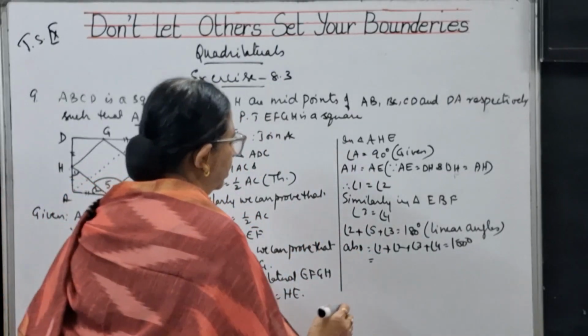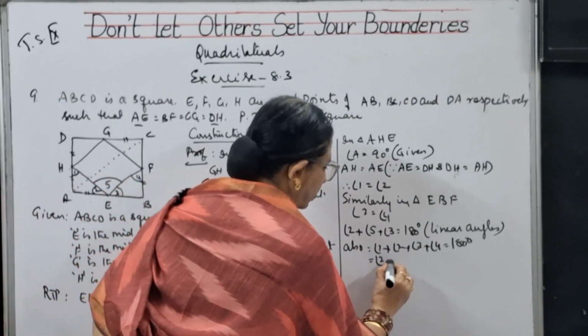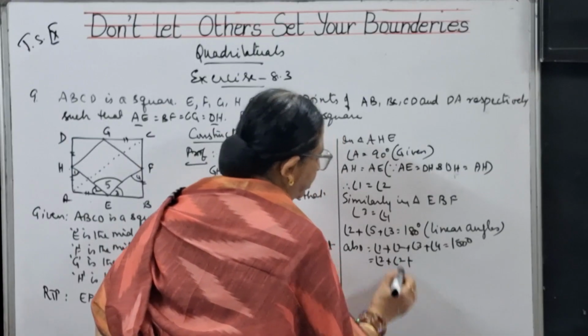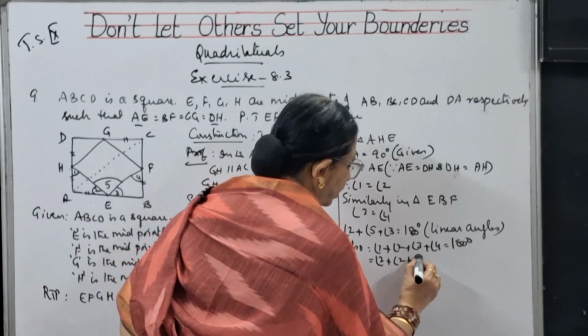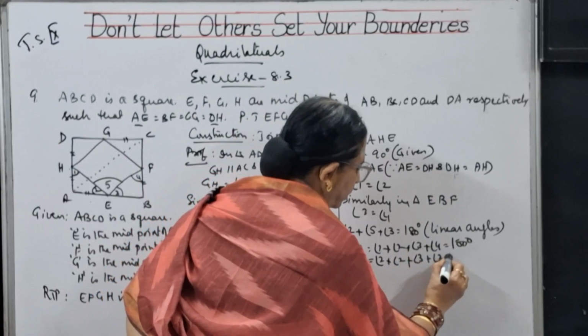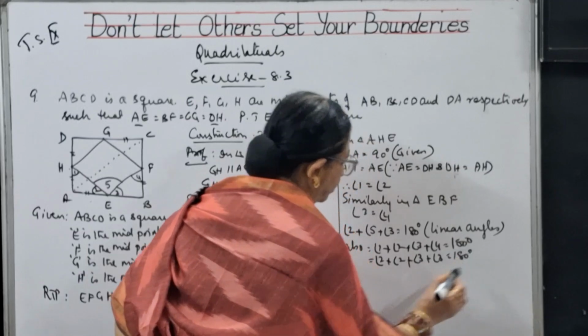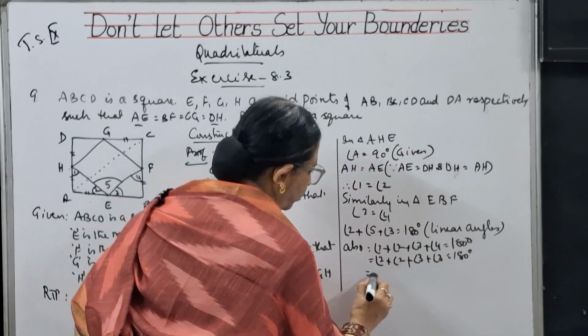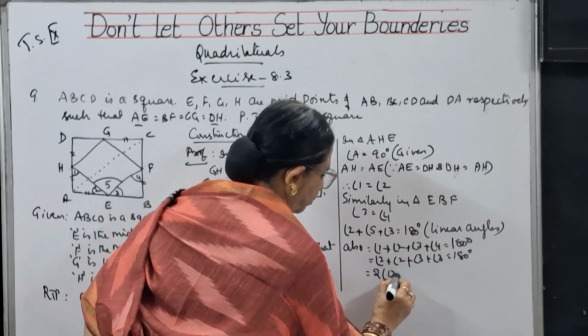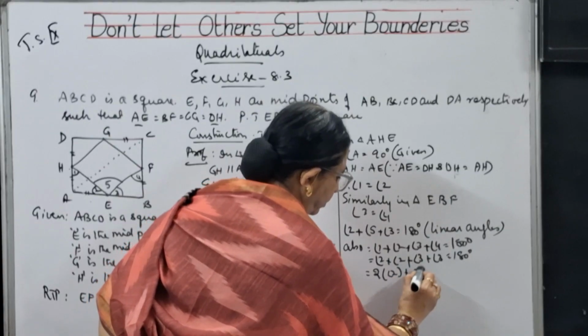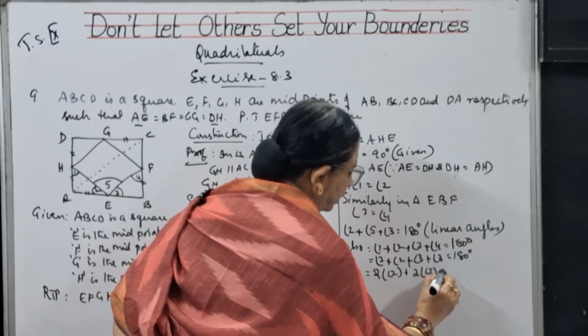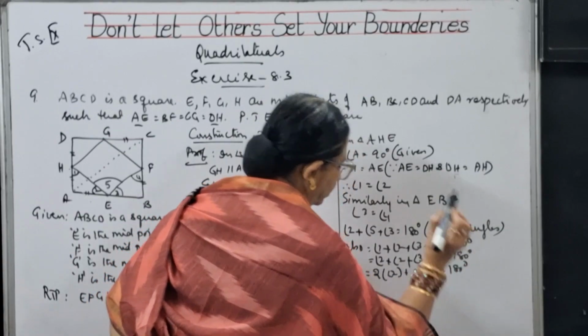So instead of angle 1, I'll write angle 2 plus angle 2 plus, instead of angle 4 also, I'll write angle 3, is equal to 180 degrees. That means 2 times angle 2 plus 2 times angle 3 is equal to 180 degrees.